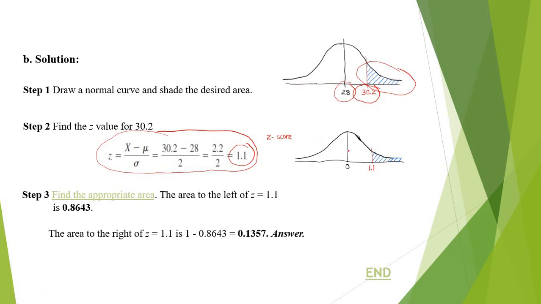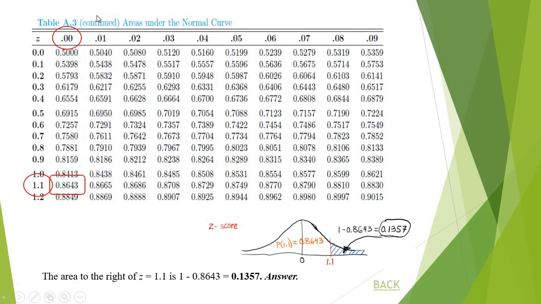Okay? So from the table, using the standard cumulative normal distribution table, we have 1.1 corresponds to a probability of 0.8643. Now take note that the 0.8643 is to the left of z, which is 1.1.